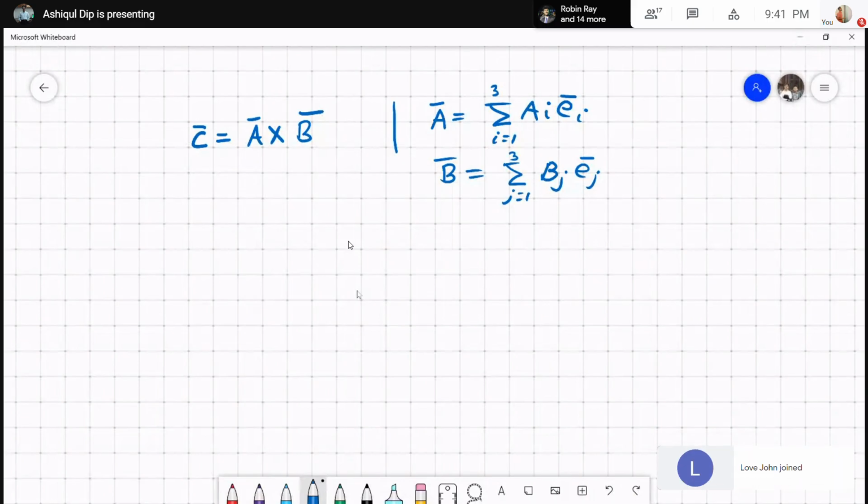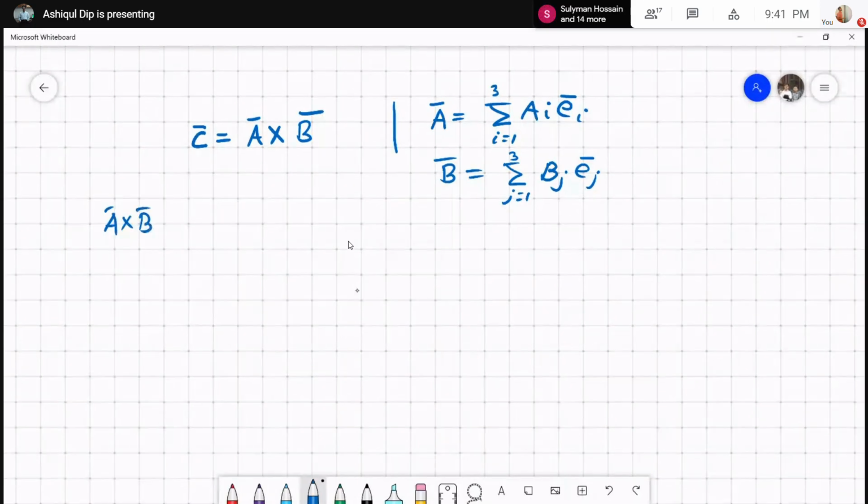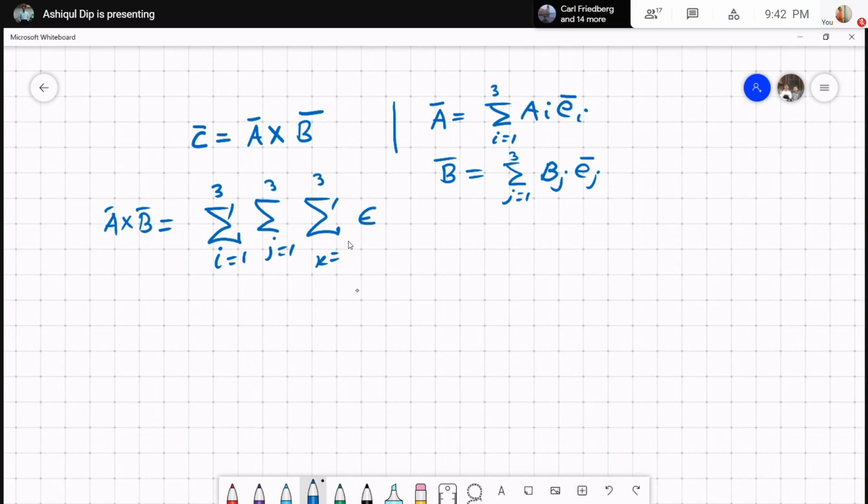Okay. So A cross B is defined as the sum over I equals 1 up to 3, sum over J equals 1 up to 3, sum over K equals 1 up to 3, of epsilon I J K E_I A_J B_K.